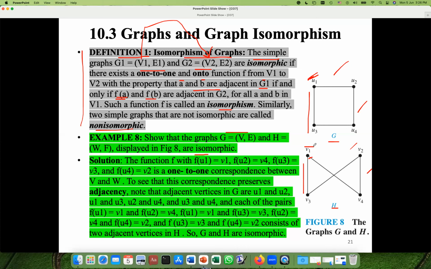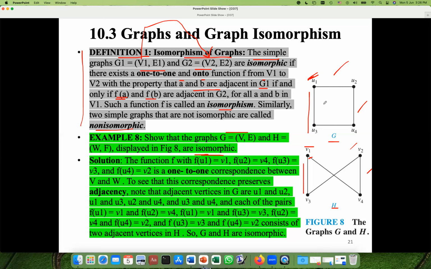Why? This U1 is connected to U2, and this vertex has degree 2. This V1 is connected with this one, also degree 2. So this V1 can be equivalent to U1. So we say that f of U1 is equal to V1.